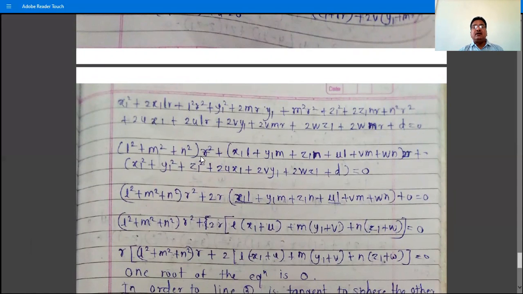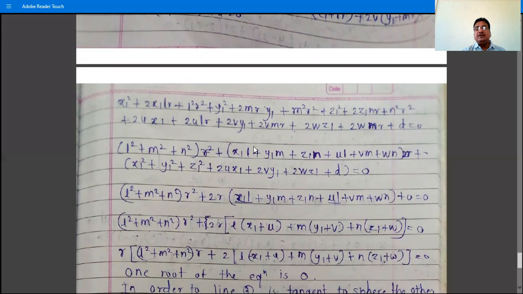Then collect the coefficients of r², the terms of r². There are three terms: l²r², m²r², and n²r². So take r² as common. We have (l² + m² + n²) in brackets, plus the terms of r, or 2r. What are the 2r terms?